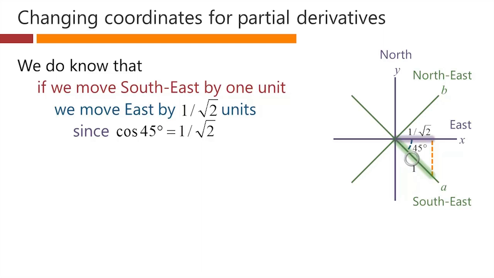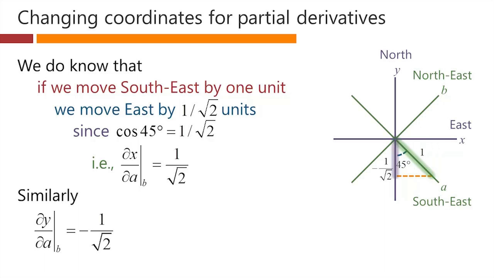So moving 1 unit along here in the southeast direction means we move 1 over root 2 units along the east direction. So in other words, the rate of change of x with a at constant b is in this case 1 over root 2. That's how much this changed as we moved along this line by a unit amount.